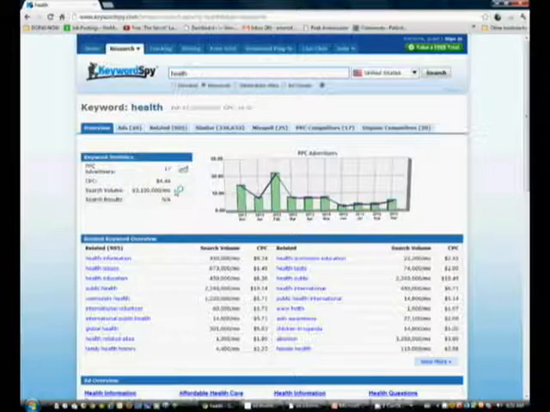So these are pretty high numbers and good numbers, but how do you know if these numbers are the right numbers for your business or your niche? Now, there are no hard set rules, but I want to share with you the statistics that I have found useful to watch in KeywordSpy. You want to have pay-per-click advertisers between 10 and 50. You want to have some people advertising, because if there's nobody advertising, then there's no money to be made on that keyword.